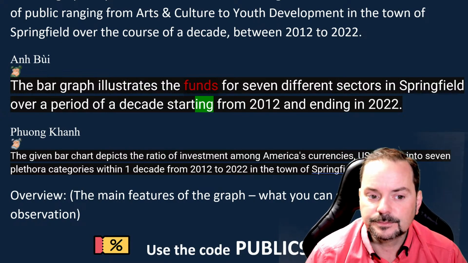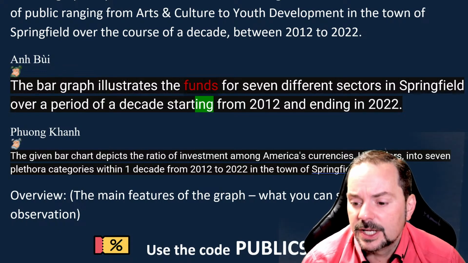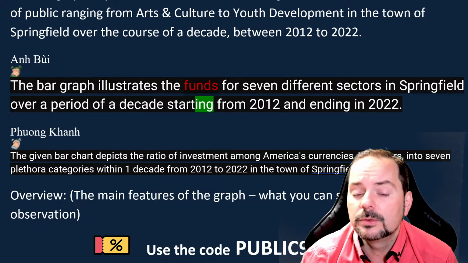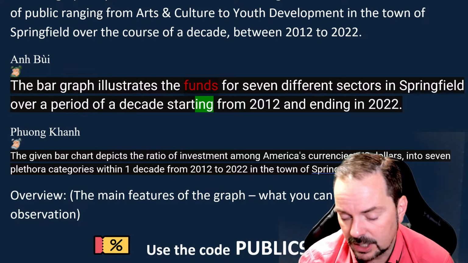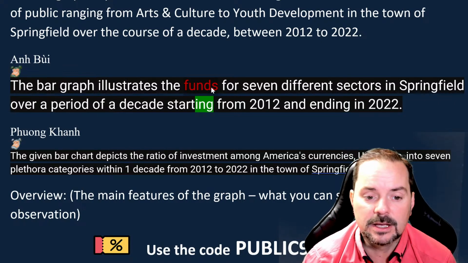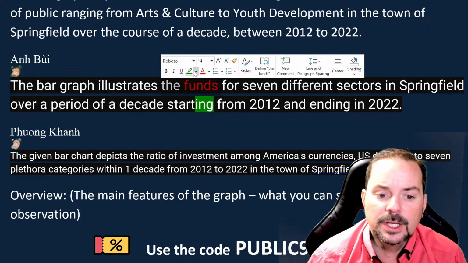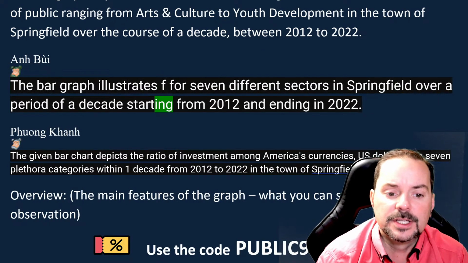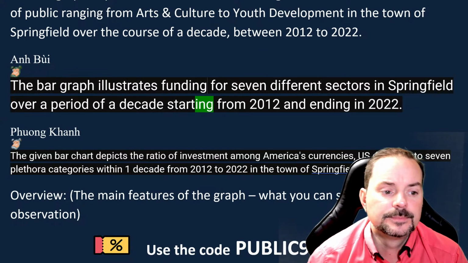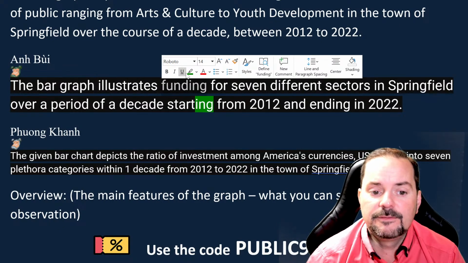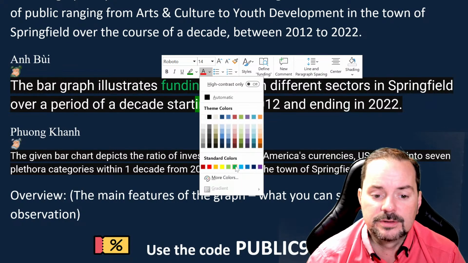Anybody? So the bar graph illustrates. Yeah, very good, Carolina. Almost perfect. You don't need to count it, is the only trick. It's funding. So here we can write funding. The bar graph illustrates funding for several. Funding is the money that is given to support growth and development.